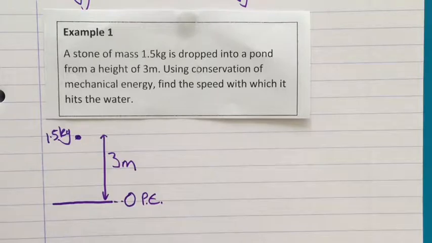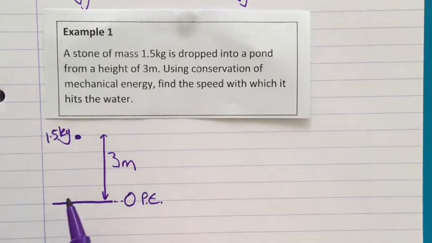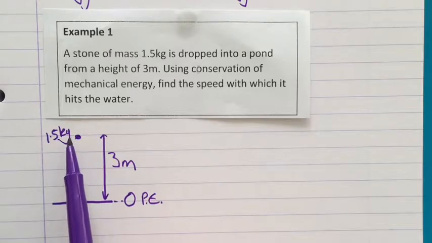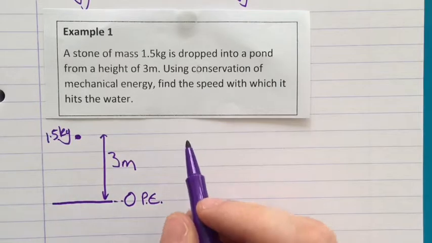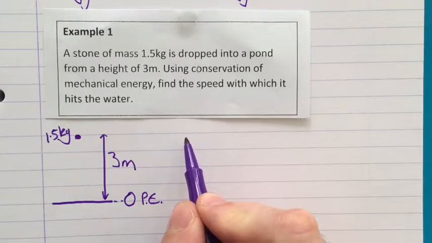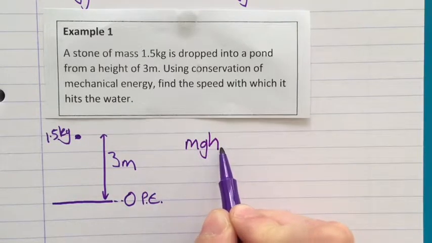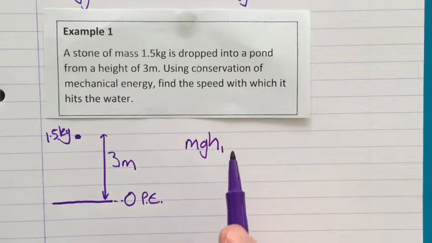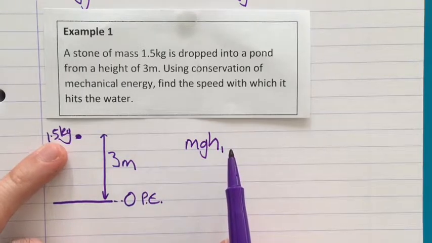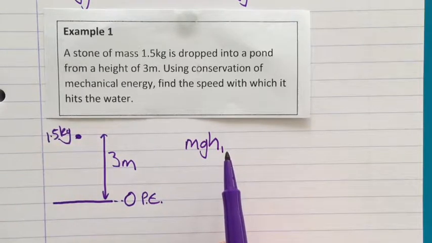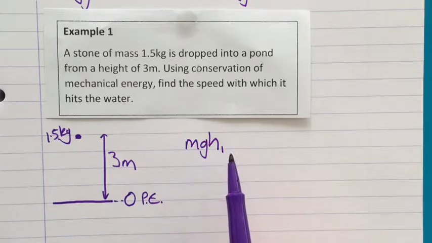There's no work being done, the only force is gravity, so my initial energy equals my final energy. Initially, we're above our zero potential energy, so we have some gravitational potential energy, mgh1.